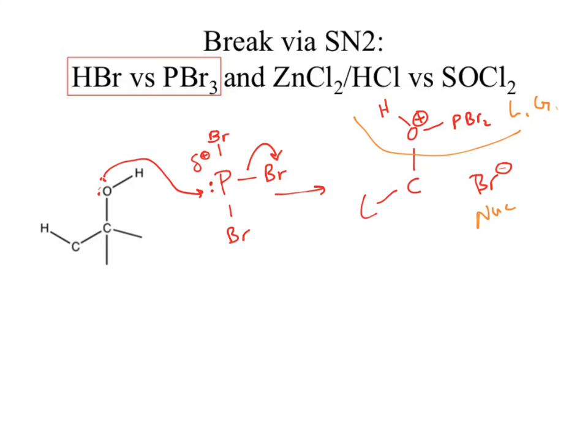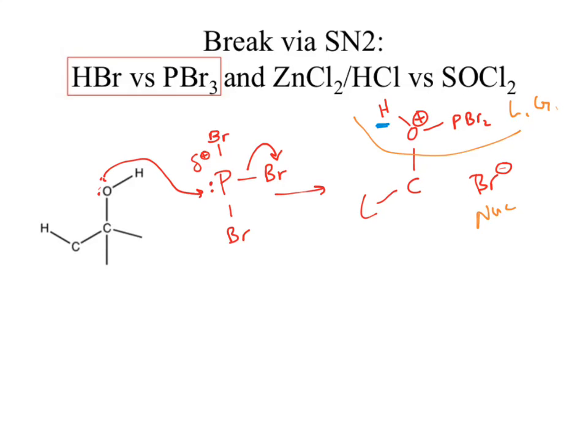Okay? Why is this better than the HBr? We don't have a strong acid at play. We do generate that acidic hydrogen up there at the end, but it's an alcohol acidic hydrogen. Okay, so our relative acidity within that solution is still closer to neutral than the strong acids. Okay, so it's kind of a nice effect.